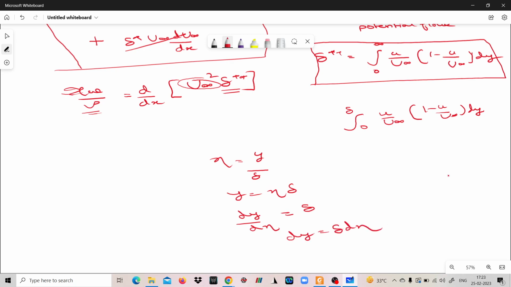So instead of dy, we can directly write delta into d eta. When y is equal to 0, eta is equal to 0, so the limits of integration will be 0 to 1; when y equal to delta, eta will be equal to 1. So integration 0 to 1, u by u infinity, which we already have in terms of eta, times 1 minus u by u infinity, also in terms of eta, and instead of dy you can write delta into d eta.